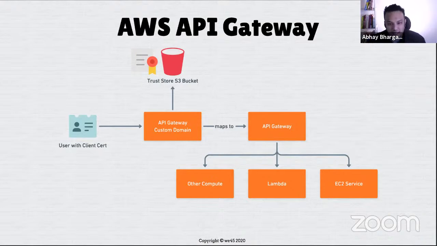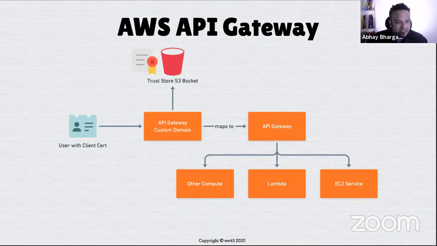So the idea here is that today we're going to see a live demo of this. I'm going to set up an API Gateway with something called a custom domain. API Gateway typically has a xxx.execute-api.amazonaws.com kind of URL, so that doesn't work with mutual TLS. You have to set up a custom domain for your API Gateway, and then you need to map it to another API Gateway service that can allow you to actually talk to your actual services, which could be an EC2 web service, it could be Lambdas, it could be some other compute service that's running a bunch of stuff.